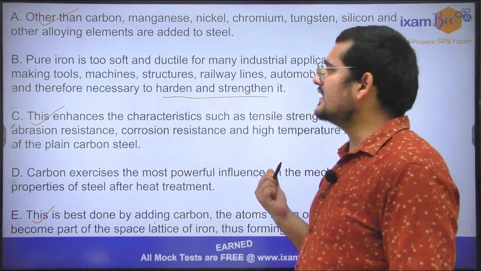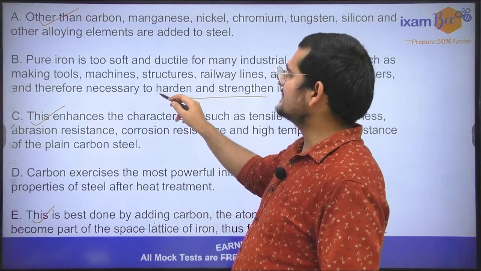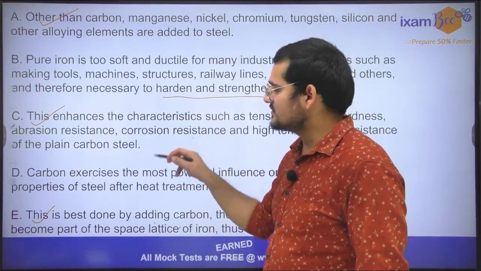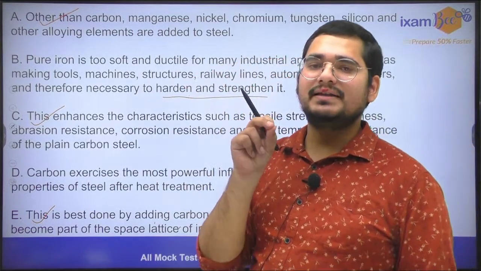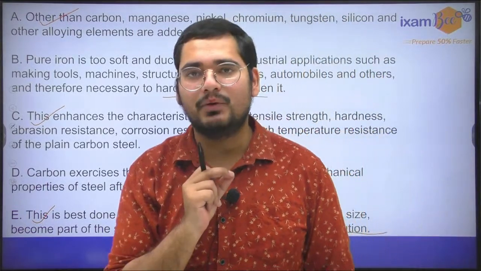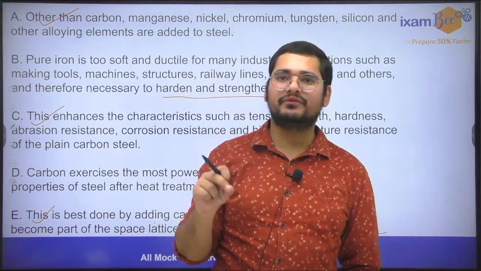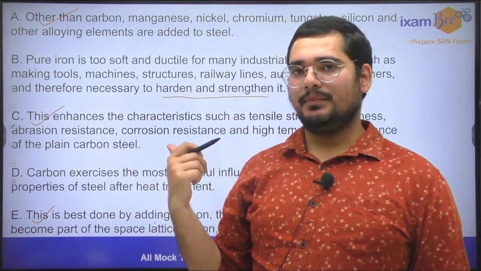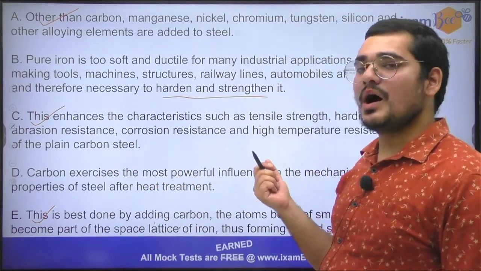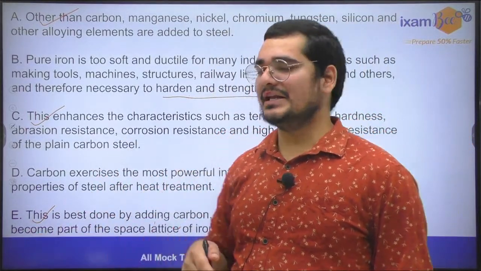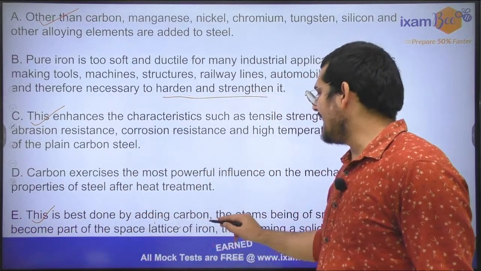So now we know this sentence is the continuation of the previous one. Here we talked about how pure iron cannot be used in the manufacturing of certain products because it's too soft. So we need to harden or strengthen it. Now how can it be done? It can be done by adding carbon.